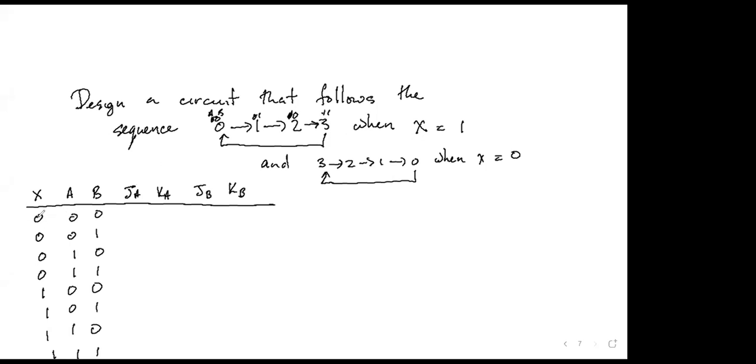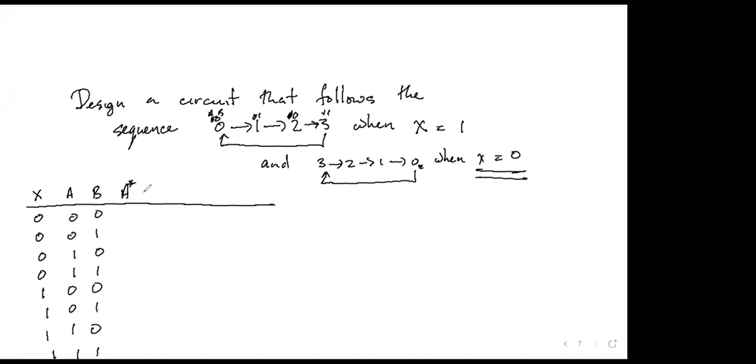All right, so when X is 0, that's the first 4, and you're counting down. So when you're at 0, you go to 3. Oh, I left out the most important part. I left out the next state.